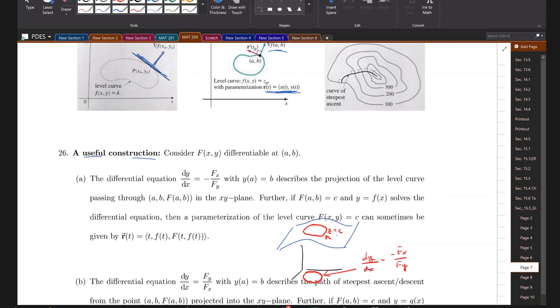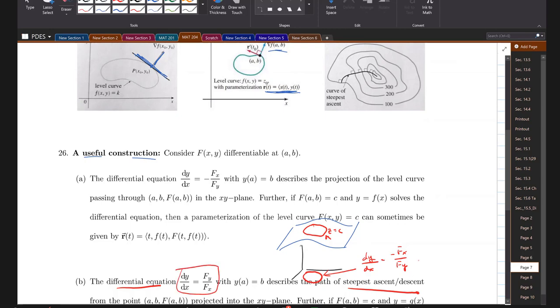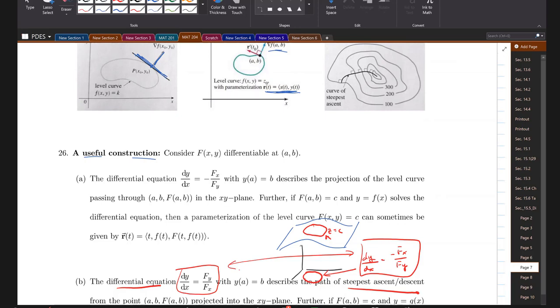Likewise, this should look a little bit familiar here, folks. If you want the differential equation that describes the path of steepest ascent, you're going to solve this differential equation. And what I want to point out is, how are these two differential equations different? In an algebra class, we would have said that those two expressions are negative reciprocals of one another. Do you see that?